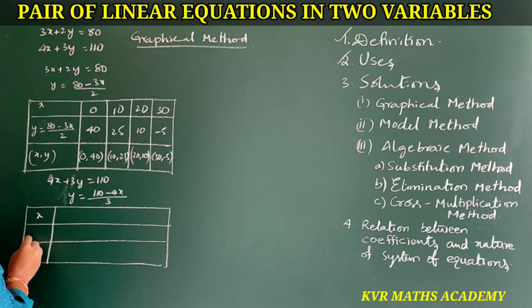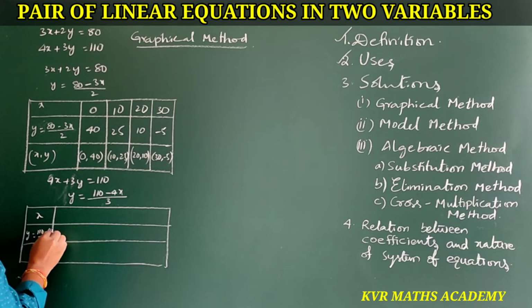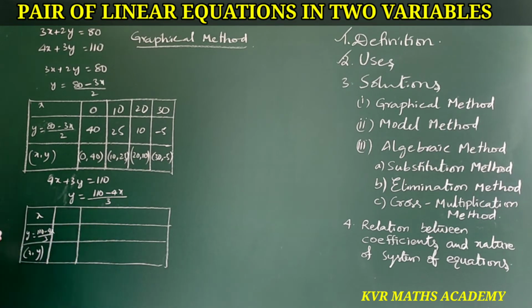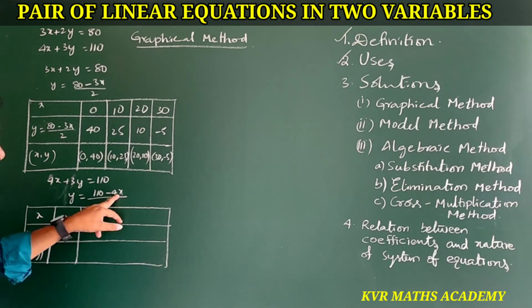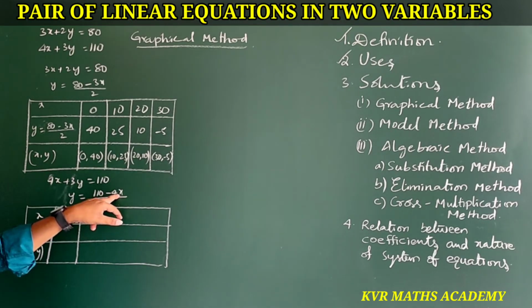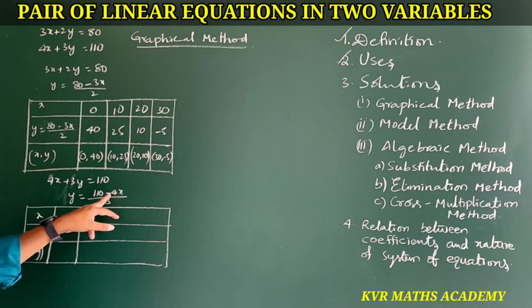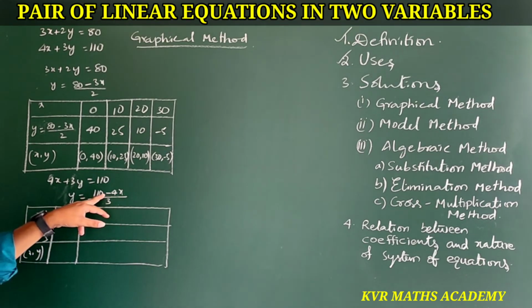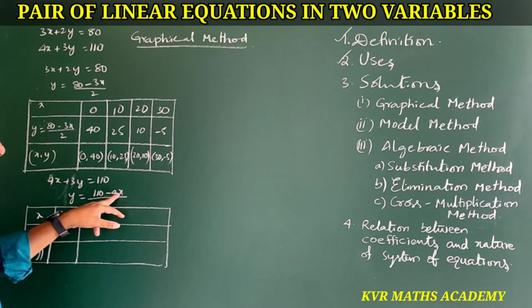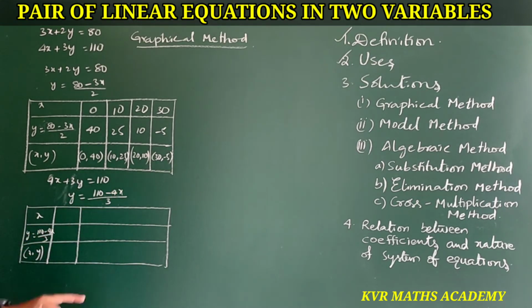First x, y is equal to 110 minus 4x by 3, x comma y. So first, if you substitute 0, it will not work. 110 by 3 cannot be cancelled, no? For 30, 60 should come, like that should come, no? Minus 10, suppose take.